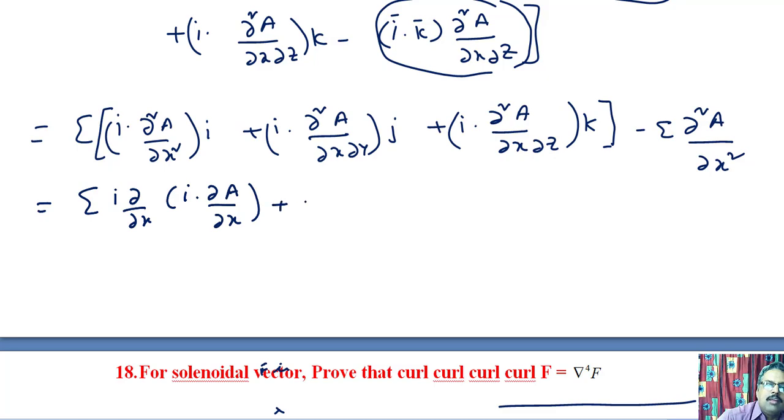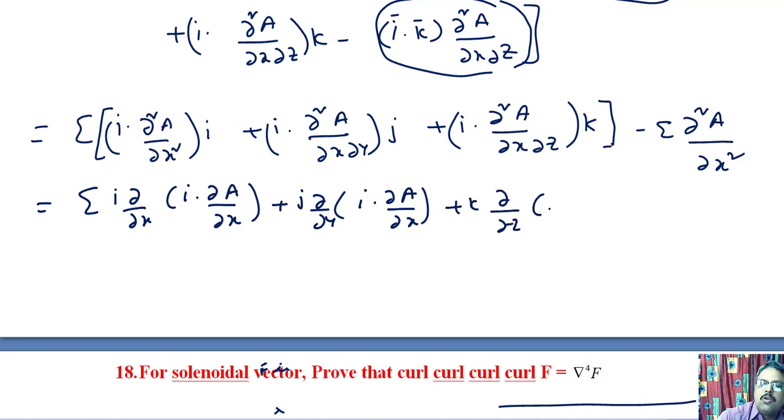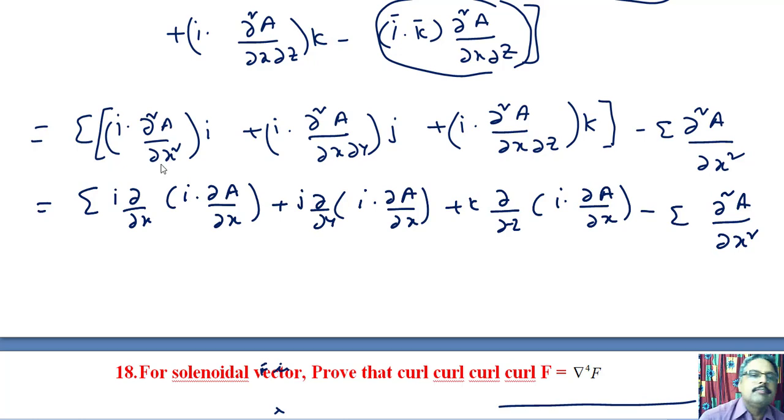In a similar way, j dot dou by dou y of (i dot dou A by dou x). Again try to understand using the uv formula, plus k into dou by dou z of (i dot dou A by dou x), minus sigma dou square A by dou x square.